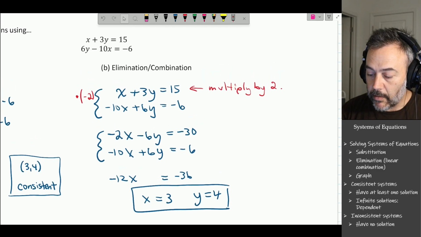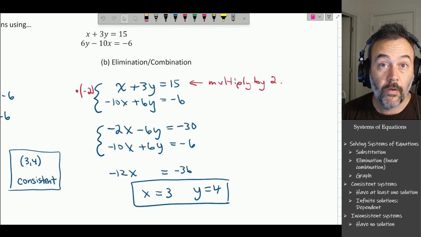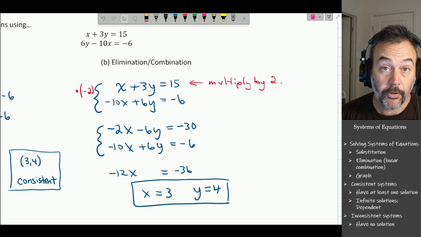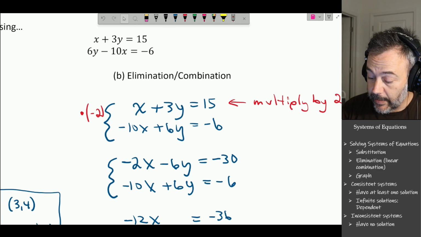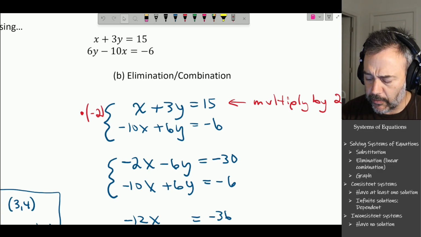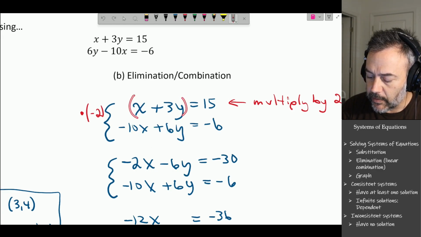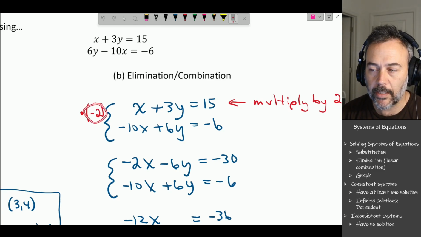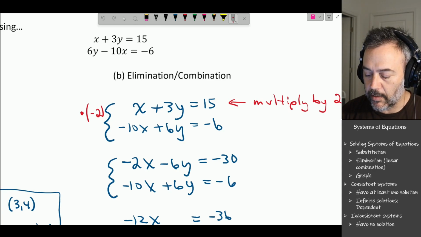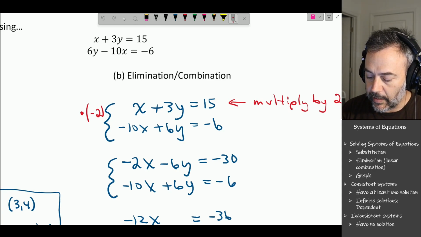Another method for solving this is using a linear combination or elimination. And the way we did that, there's multiple ways you could go about it. You could multiply this first equation by 10 on both sides. I chose to multiply the first equation by -2 just to keep the numbers smaller.